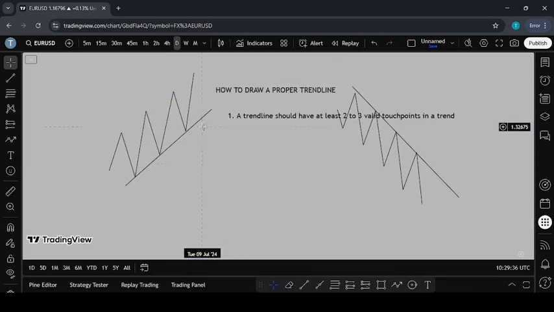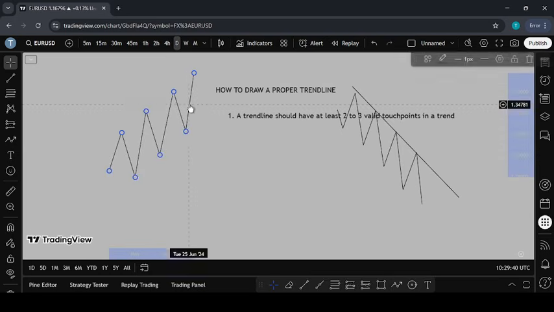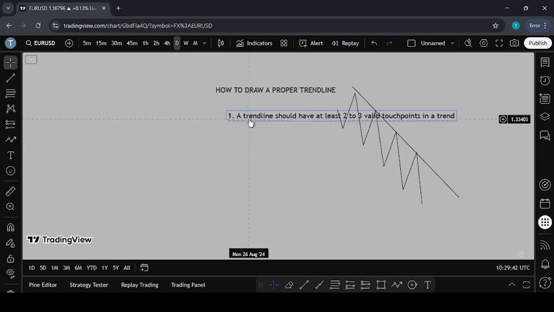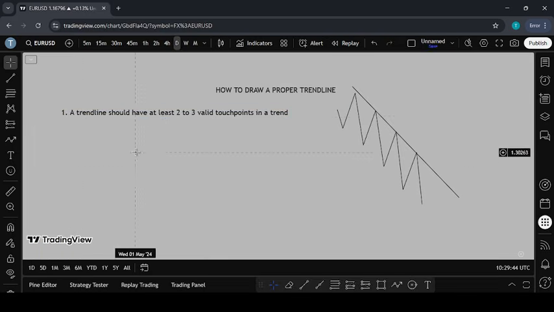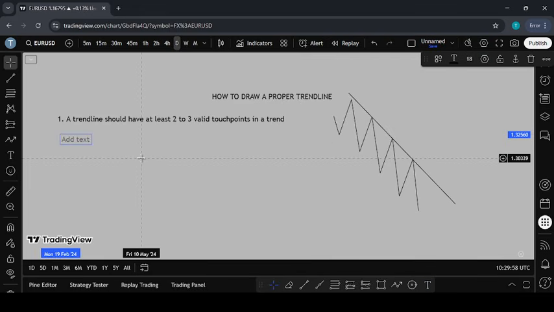Let me take this out. I'm going to draw it back. So a trend line should have at least two to three valid touch points in a trend. Number two, it must be identified in a trending market. You do not just go and look for trend lines anywhere.